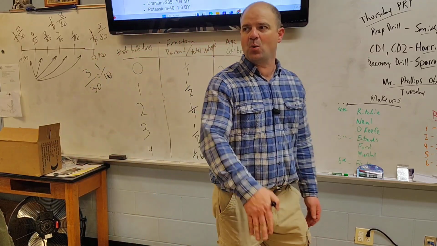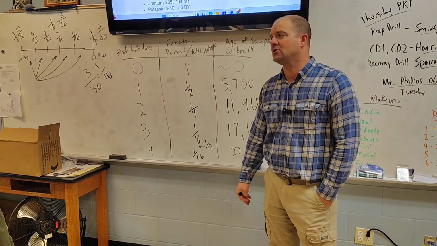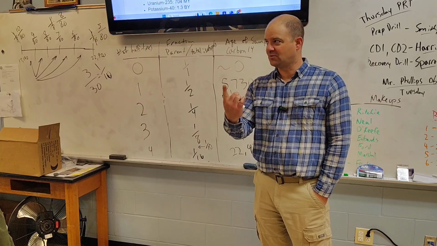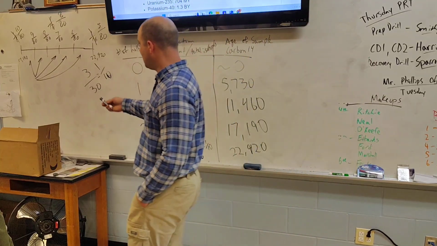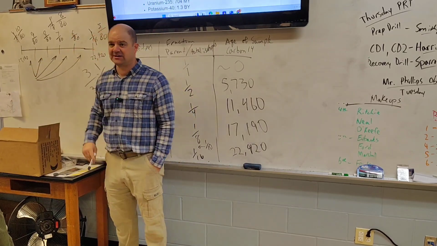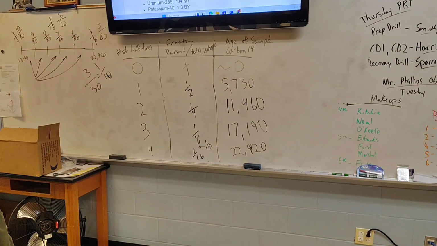Your timeline is always going to represent, if you're using carbon-14, one half-life, which for carbon-14 is 5,730 years. Does that make sense? So if that's how much time we have here, and I just physically divided it into 5 pieces, what would you do with a calculator?